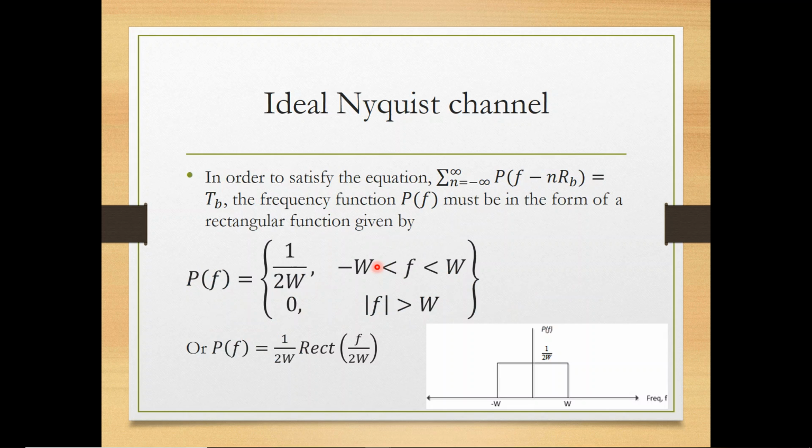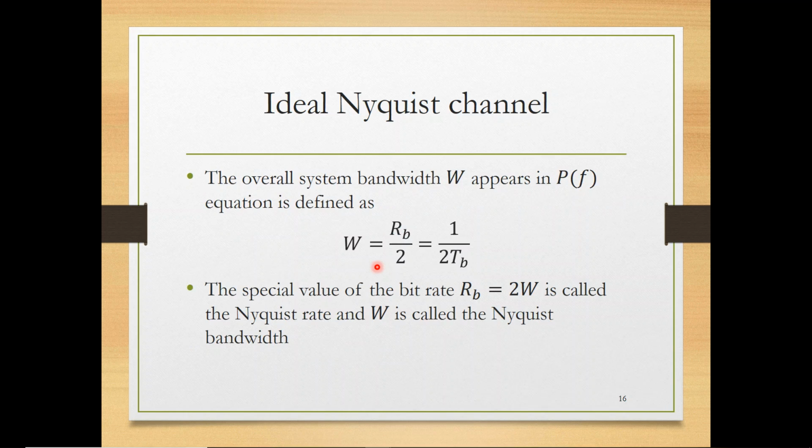W, the bandwidth here, is equal to RB over 2, which is equal, since RB is 1 over TB, to 1 over 2 TB. The special value of the bit rate, RB, equal to 2W, is called the Nyquist rate, and W is called the Nyquist bandwidth.